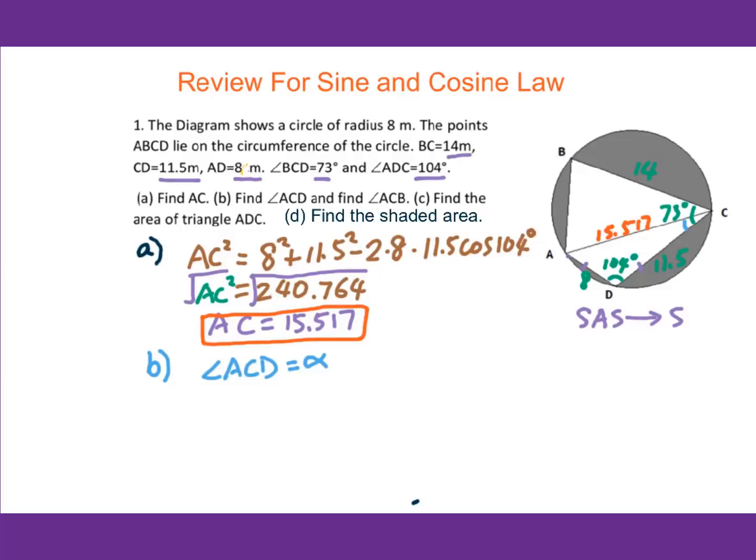But generally speaking, sine law is much easier than cosine law. Therefore, I use the sine law to figure out angle ACD. We do 8 over sine alpha equals 15.517 over sine 104 degrees.